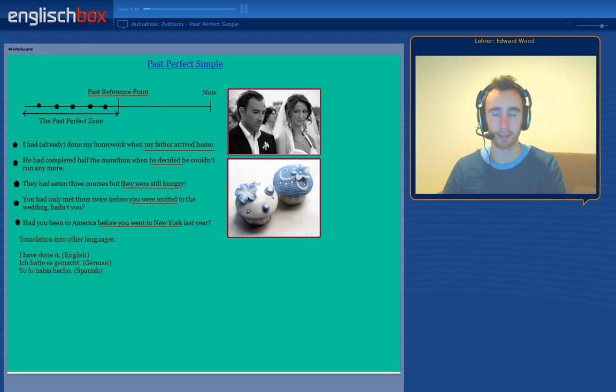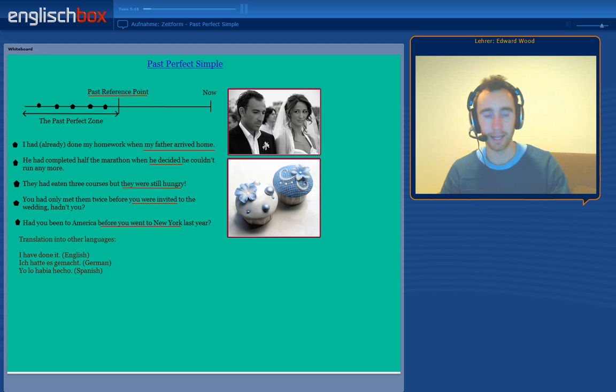The action is in past simple, and we refer to this point when we use the past perfect, I had done my homework, to express and describe the fact that the action happened before the action in past simple. So if you look at the diagram, the past reference point in this sentence is my father arrived home, and at some point in the past perfect zone, the homework was completed. I did my homework before my father arrived home; when my father arrived home, my homework was finished.